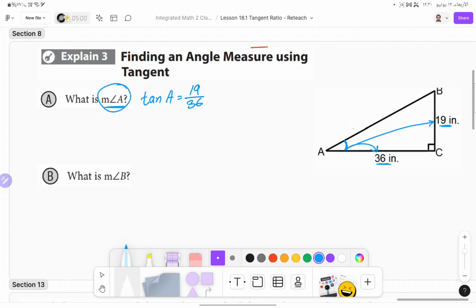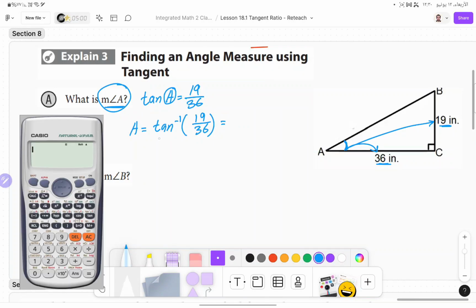Now when I need to write it in the calculator, I have to write A alone. So A is equal tangent inverse of 19 over 36. When you calculate, you have to click shift, then click on tan.